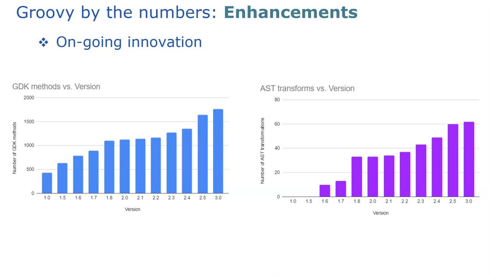And AST transforms. Some of the AST transforms are very small and add a little tweak to your code. Others are very, very large. Something like immutable adds potentially many hundreds of lines of automatically generated code to your classes in a very declarative way. So some of these extensions are very, very powerful, and you can see there's over 60 of those in the latest versions as well.